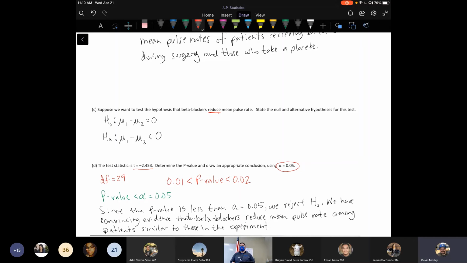So we get mu1 minus mu2 is less than 0 as the alternative, showing a reduction in pulse rate. So these are the null and alternative hypotheses for this test. We've already defined mu1 and mu2 earlier in the same problem, so we can use them again here without redefining them.